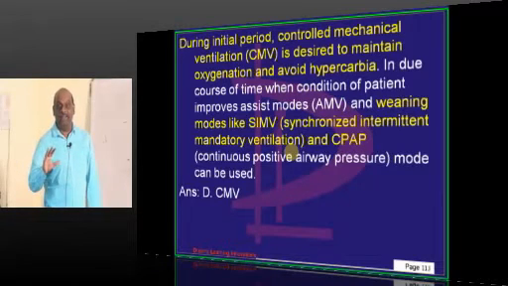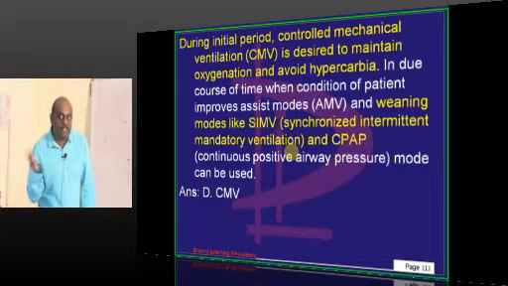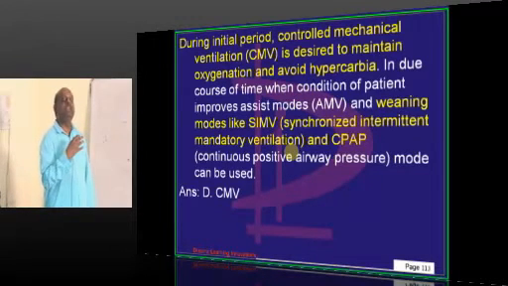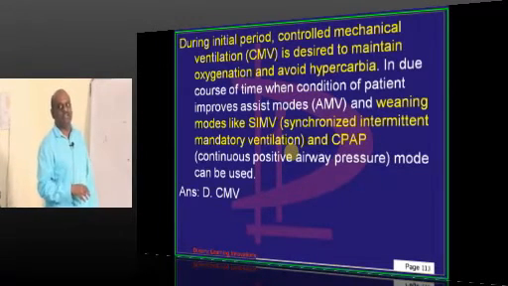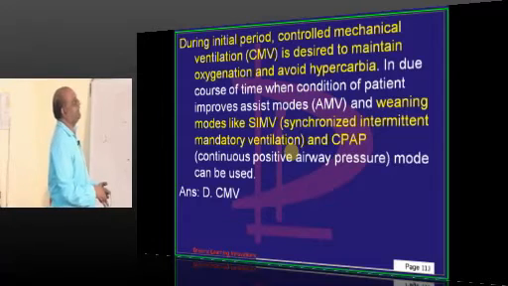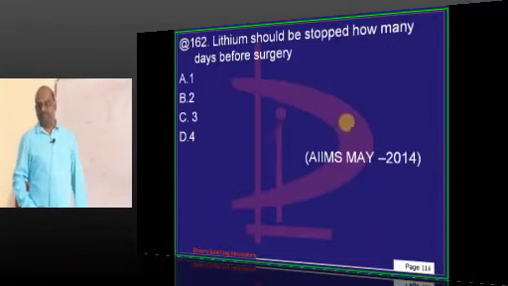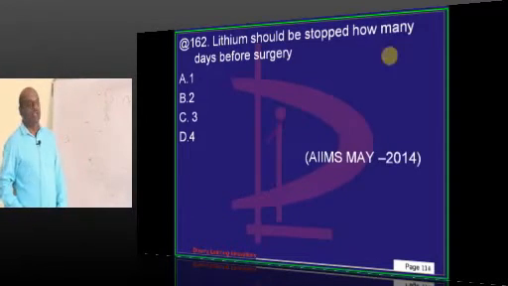Synchronized intermittent, if the patient's ventilation is falling below certain level, then the ventilator will blow. That's called synchronized. Weaning time पे इस्तेमाल करते हैं उसको. Even CPAP also. CPAP is a non-invasive form of ventilation.